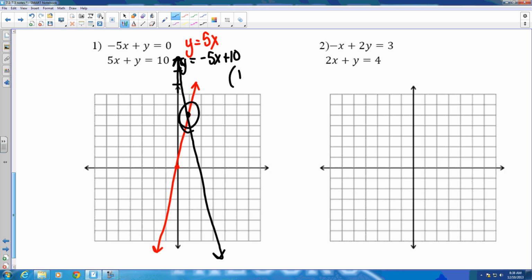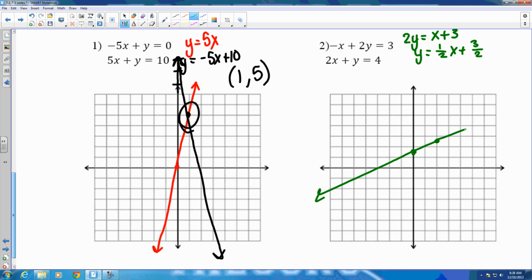The answer for this one is 1, 5. Our intersection point is at 1, 2 for the second one here.